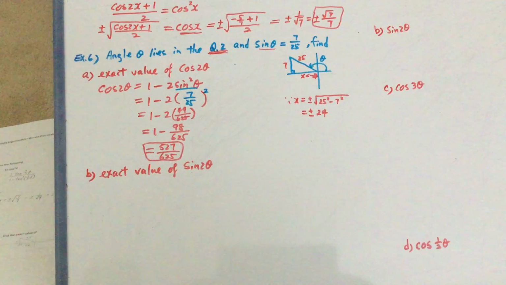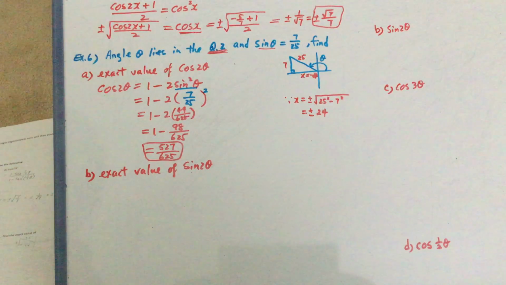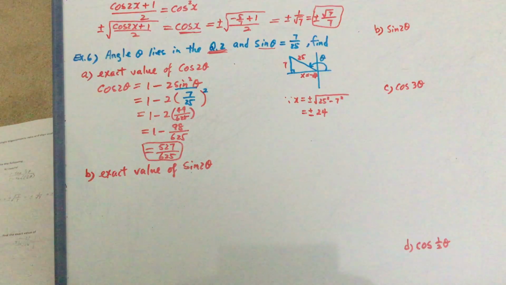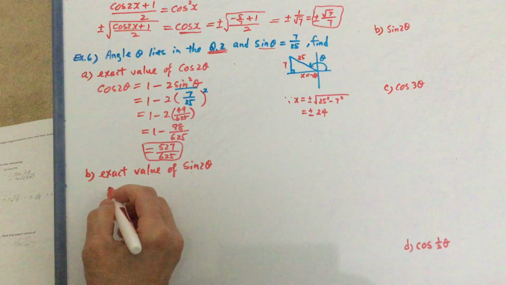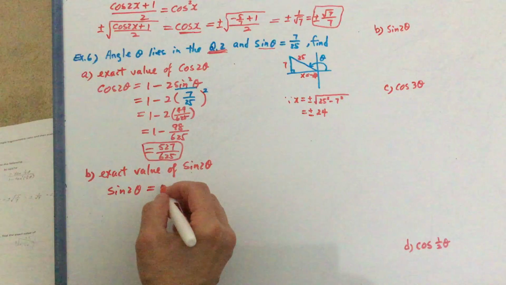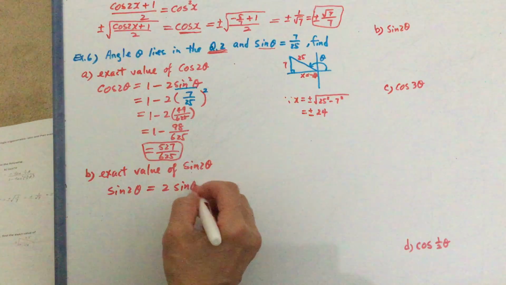Now, 6B. Find the exact value of sine 2 theta. So again, I'm going to bring out the formula for the double angle for sine first. And we all know that this is going to be 2 sine theta cos theta.